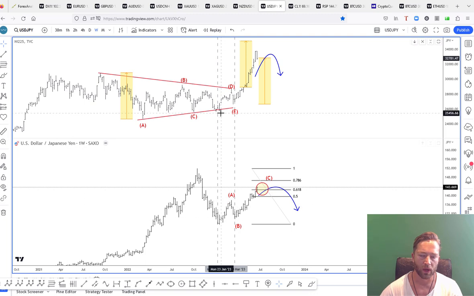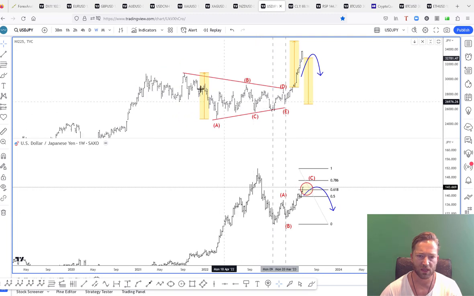Then when stocks finally moved to the upside globally, we saw dollar yen trying to stabilize once again. And you can look very closely here, a positive correlation came back at the start of the year, and then also here in March of this year.